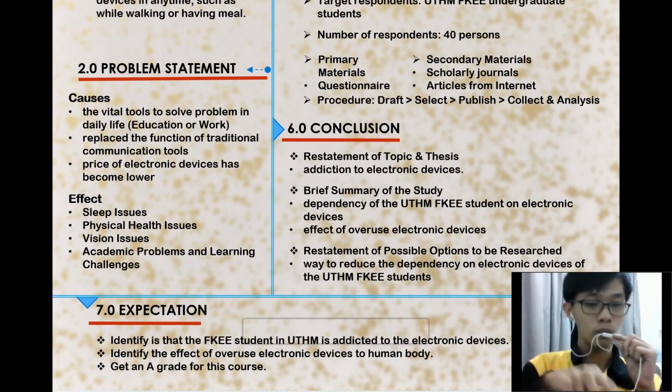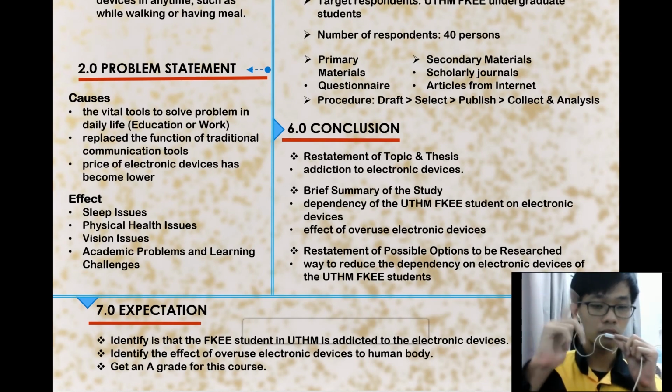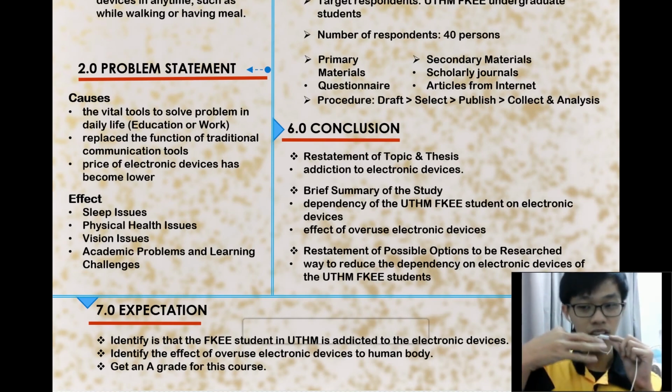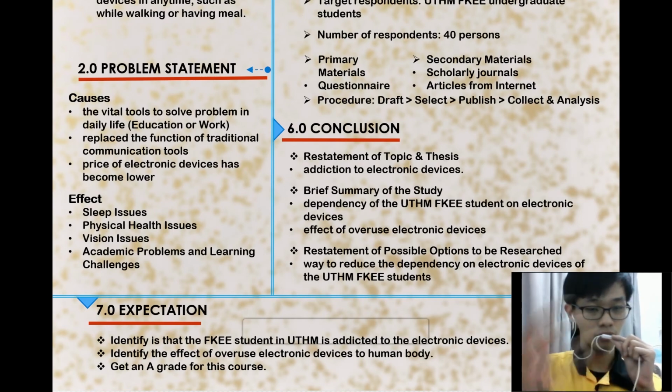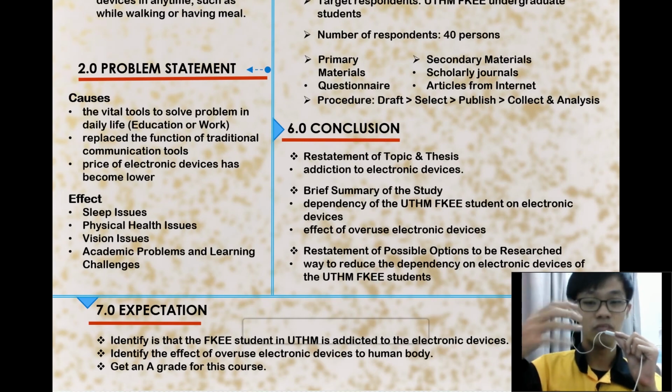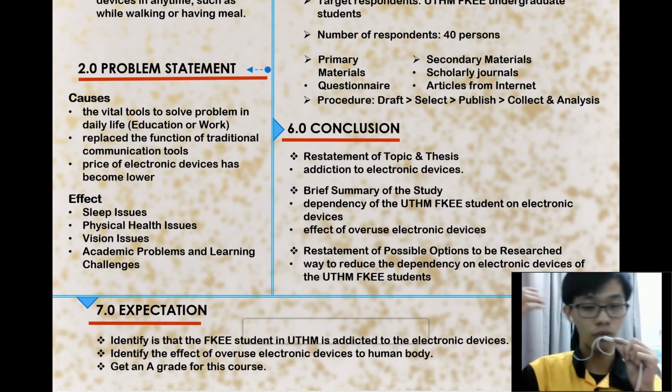For the last part, which is the expectation, we have three expectations from this course. For the first one, we hope that we can identify whether the FKE students in UTHM are really addicted to electronic devices. For the second one, we hope that we can identify the effect of overusing electronic devices on the human body.